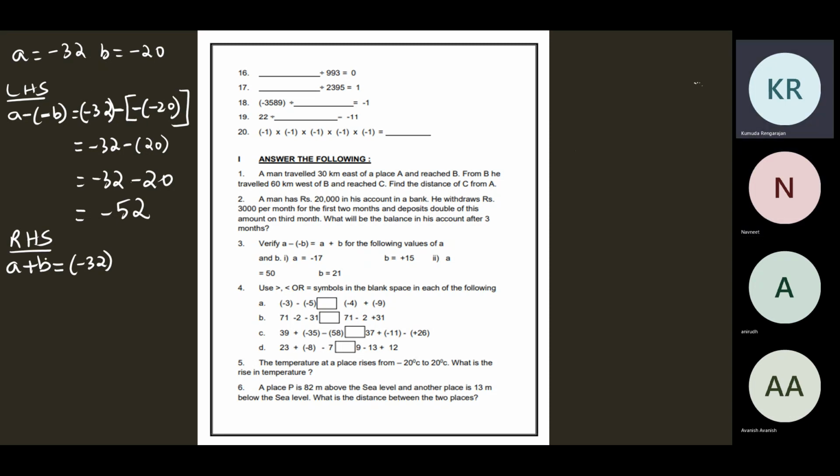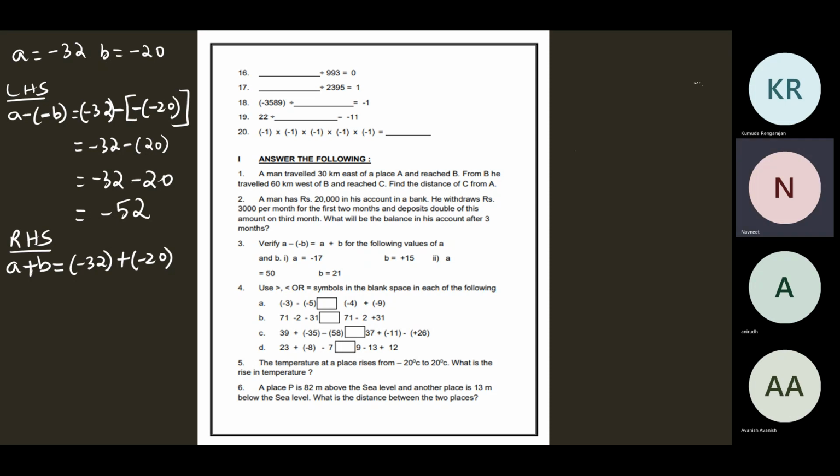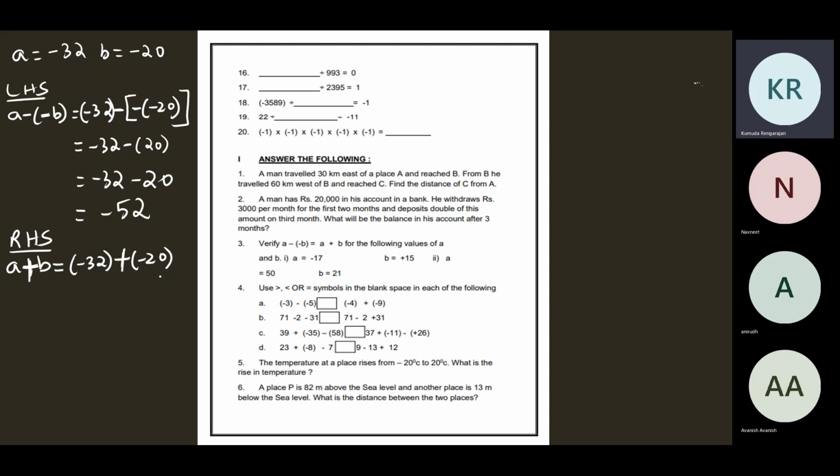Now minus 32. Keep the plus sign as it is. Now B, what is B? Minus 20. So put it in a bracket. You can use brackets yourselves, but you should not put signs yourselves. Only the sign that is there should be put. So what have we done now? The connecting sign, the plus sign, as it is. A is minus 32, B is minus 20. Correct? Yeah. Now open the bracket.